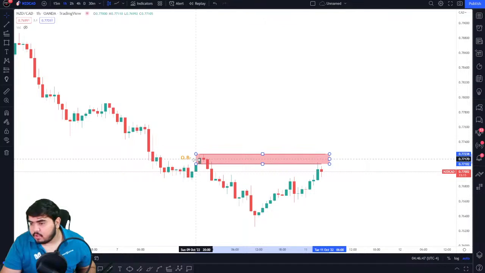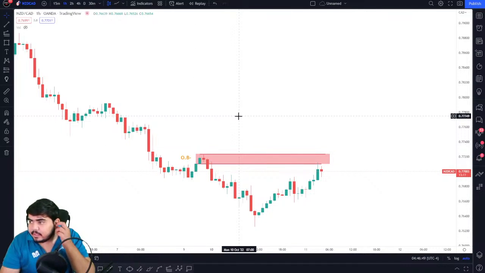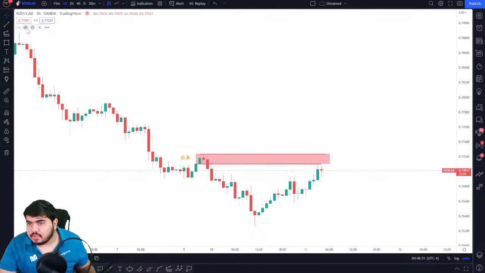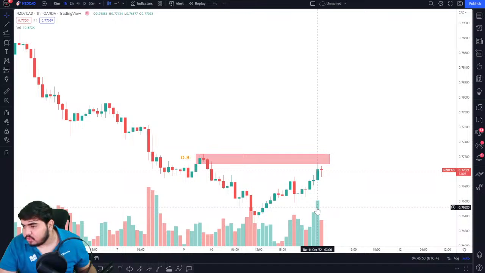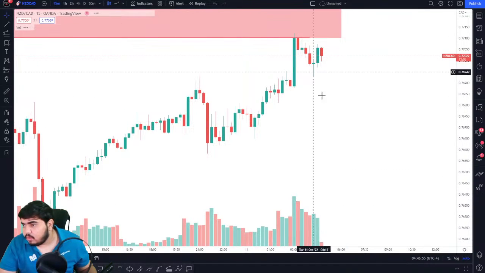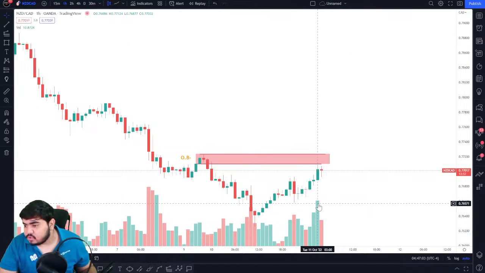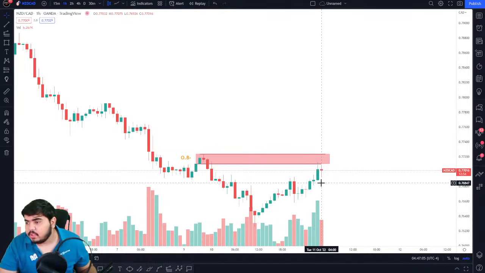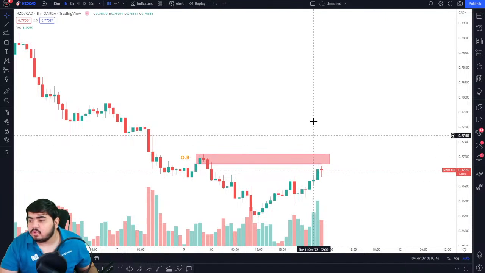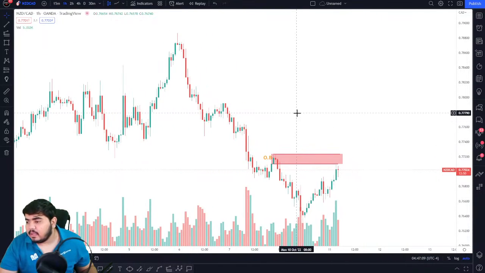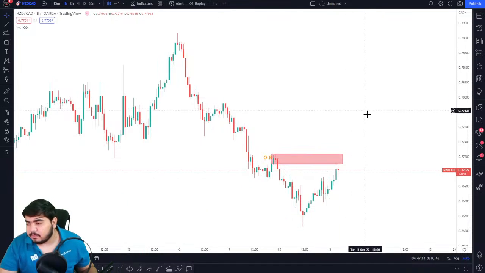We have this overall resistance area, and if we see the volume reaction to see what's going on, we have perfectly the highest volume so far of the London session. So far this is the highest volume. When we see the highest volume on the top, this is basically an exhaustion example.